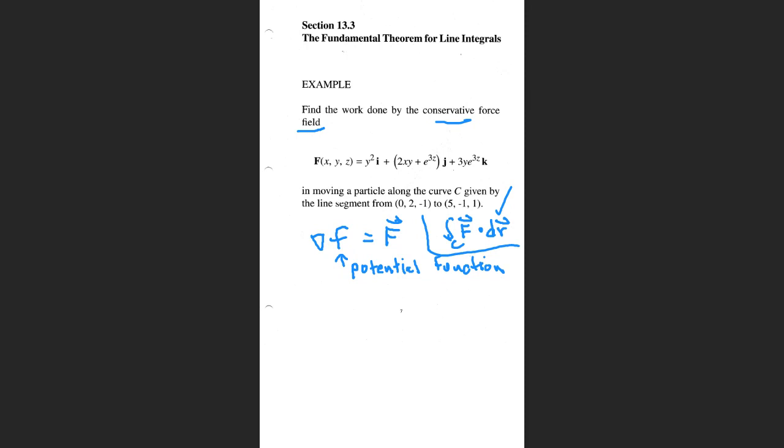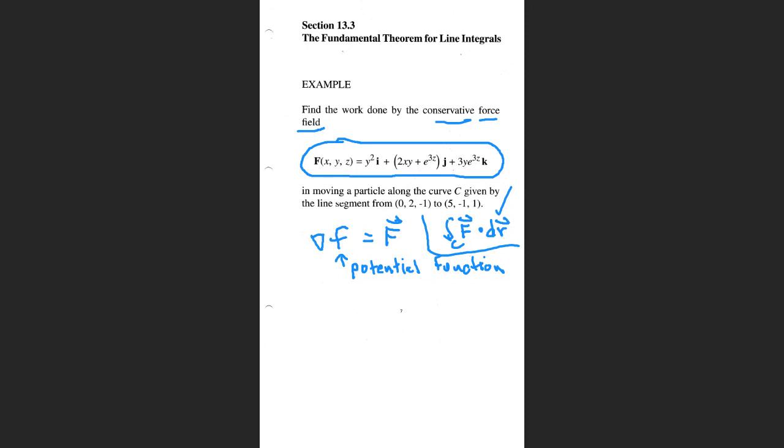Now you'll notice that in this problem, they tell you that this vector field is conservative. They're not asking whether this vector field is conservative or not. The reason is you do not currently have criteria to determine if a three-dimensional vector field is conservative.